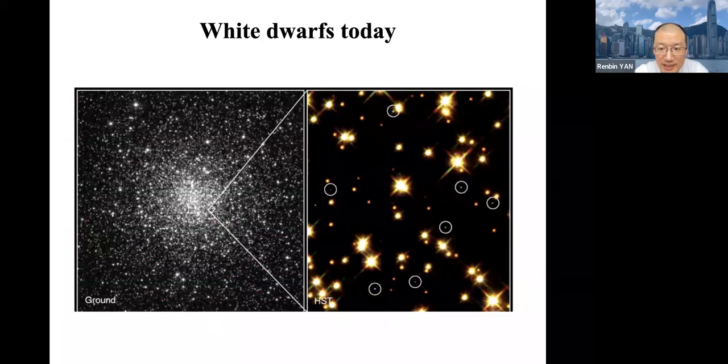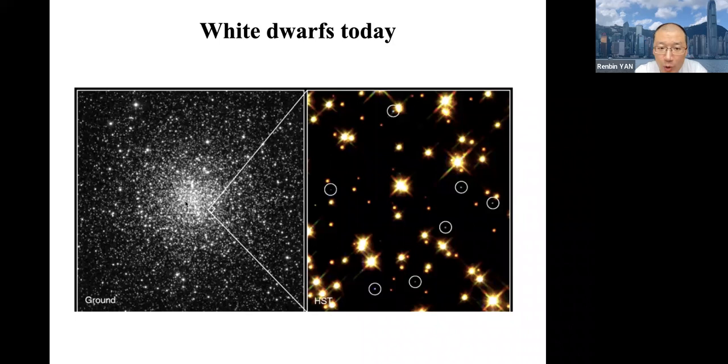You can also find lots of these stars in any star clusters because star clusters are old. So some of those stars have died away and they have formed white dwarfs. For example, many of these globular clusters are older than 10 billion years.